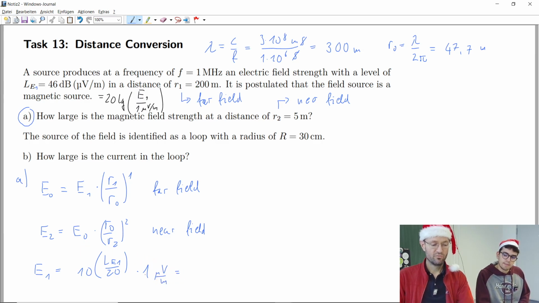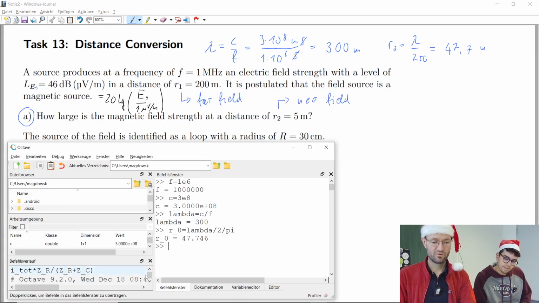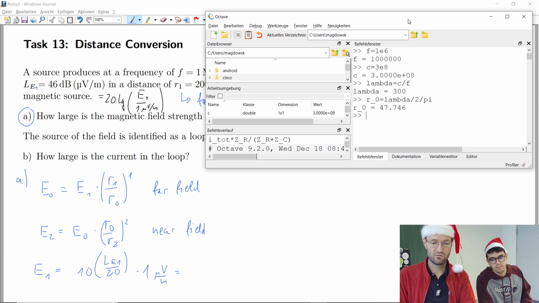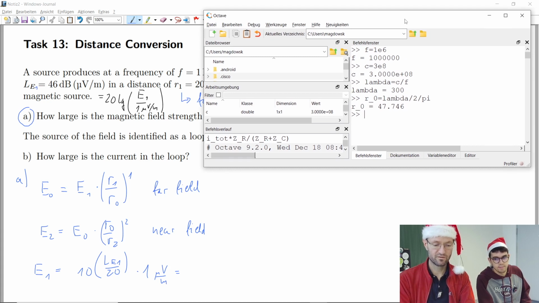Okay, so then I think I can just once again use Octave and do the number crunching there. So the level of this electric field strength was 46. And we can probably also do some calculation in our head.